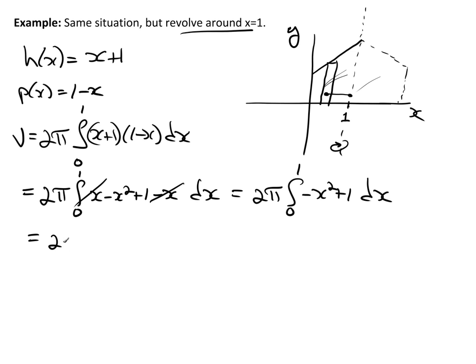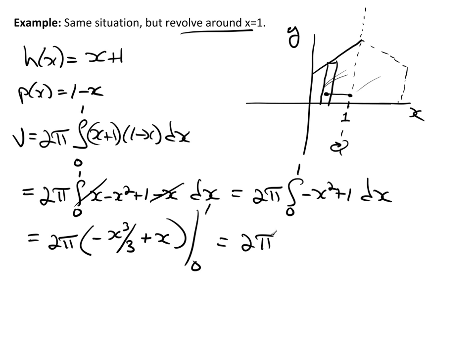Which gives me 2 pi times, this is negative x squared over, sorry, I didn't integrate that right. Wrong antiderivative. This is negative x cubed over 3 plus x, evaluated from 0 to 1.